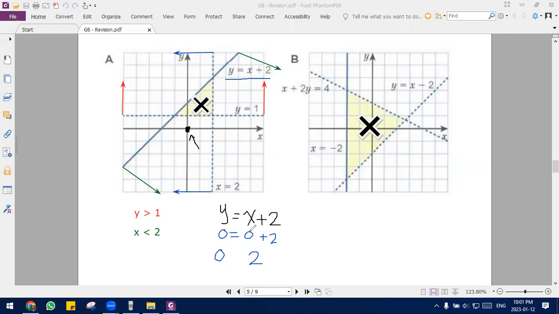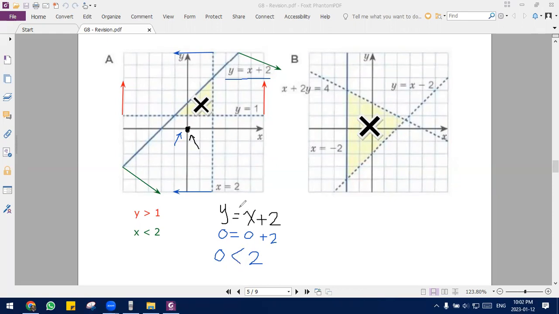Is it less or greater or what? So since that point, the 0, 0 was in the region, it means it should be correct for this equation. It should satisfy this equation. So now we have 0 and 2, we need to compare them. So for sure that 2 is greater than 0. So that's how we need to define it.